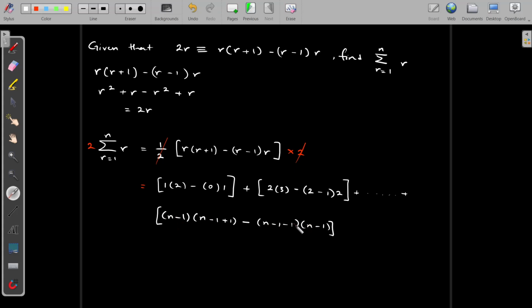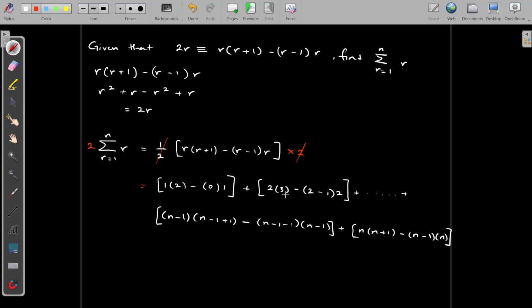So you're seeing that? Yes, sir. So now we'll look at when r is equal to n. So that's n times n plus 1 minus n minus 1 times n. So this will be our last term.